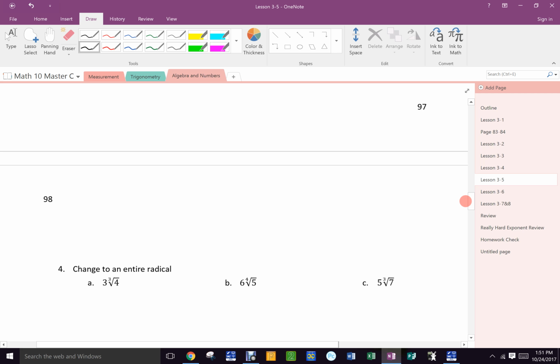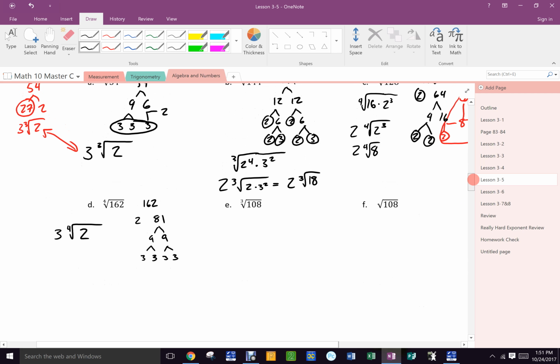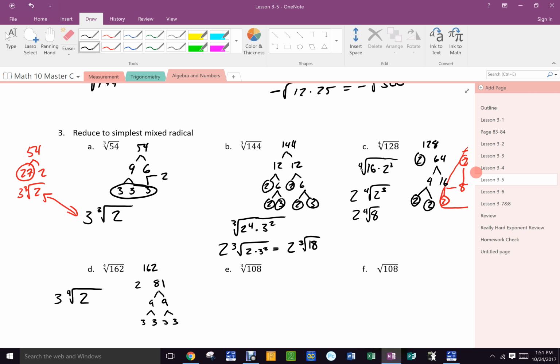Tomorrow, I have scheduled you for a quiz. Remember, quizzes don't count, on exponents, which we did a few days ago. And all of you should already have made the connection between exponents and radicals. They work very closely together, don't they?